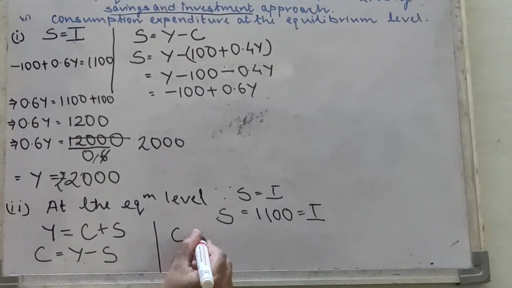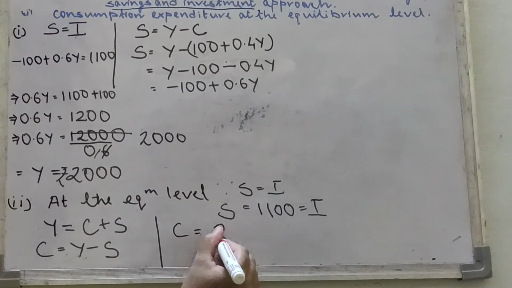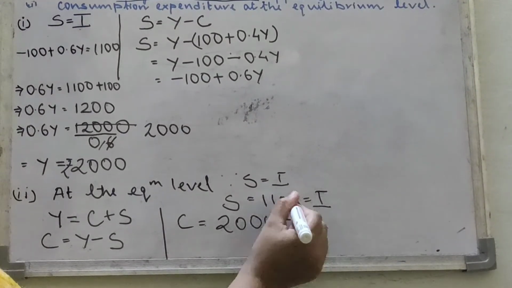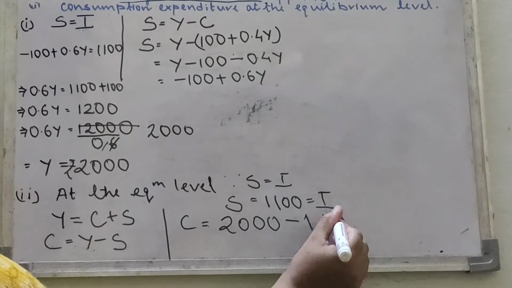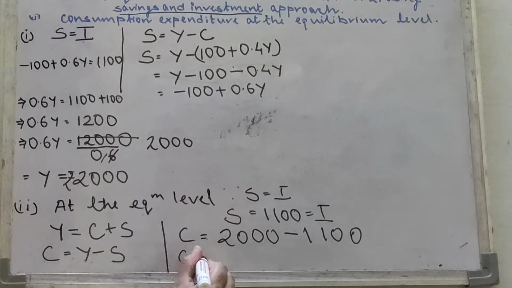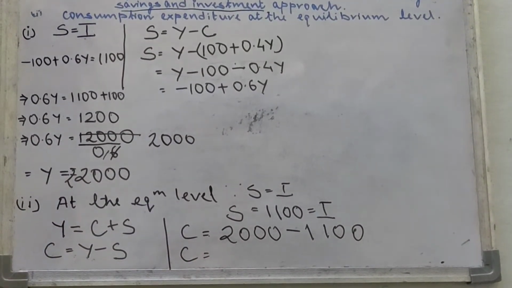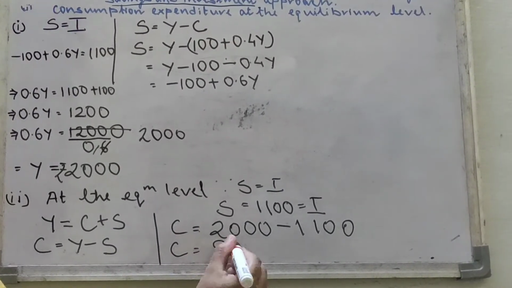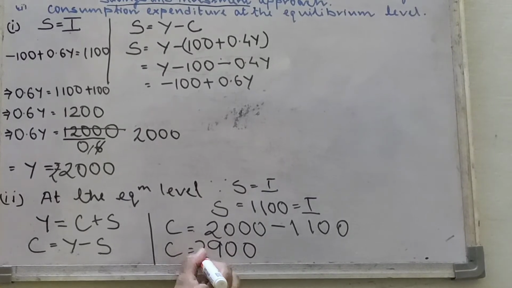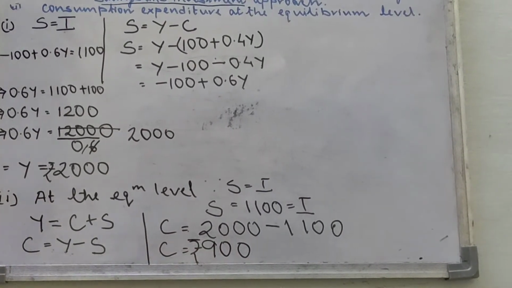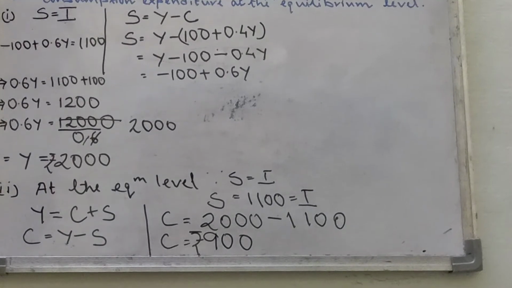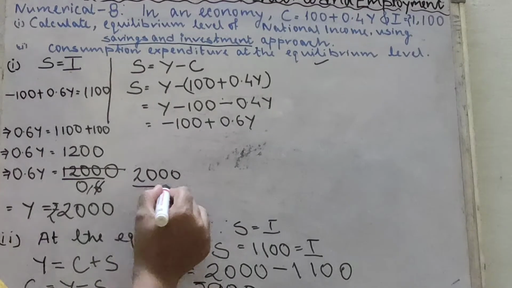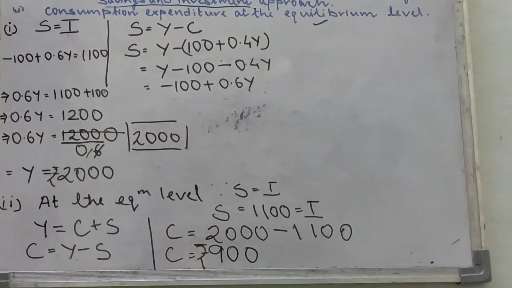So consumption is equal to 2000, the income at the equilibrium level, minus the saving, 1100. The consumption will be rupees 900. Understood? So consumption is rupees 900 and the equilibrium level income is 2000.